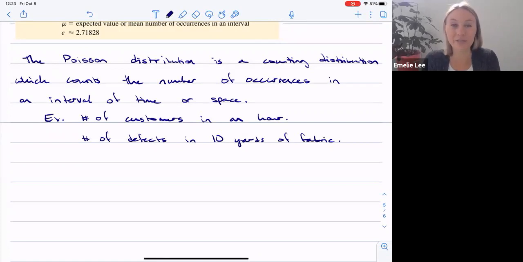I don't even know how long a yard is, but I do love going to Fabricland, so it just popped in my head. So as soon as you're counting something and you're restricting it to some specific interval, whether it be in time or space, then you can apply the Poisson.